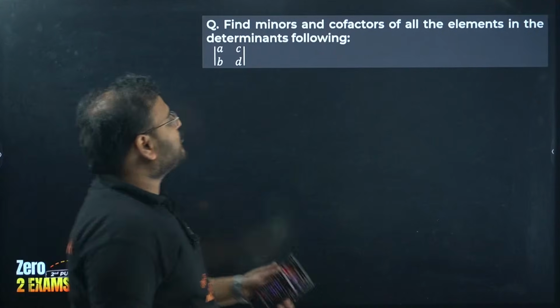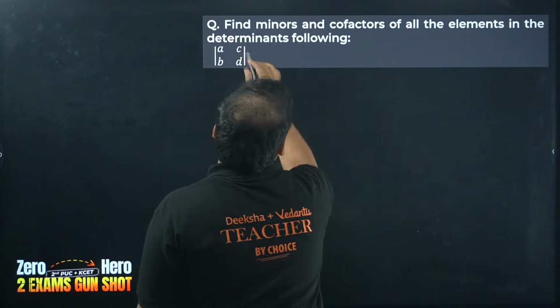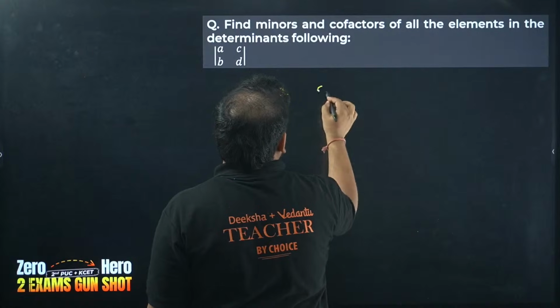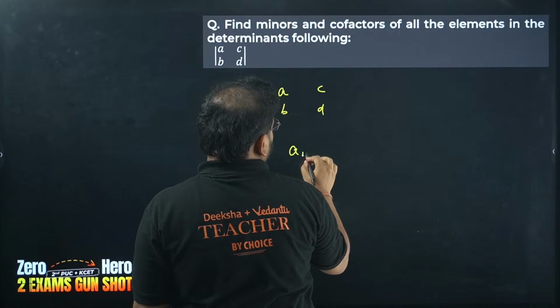Find the minors and cofactors of all the elements in the following determinant. Okay, we can do that. In this case we have a simple one: a, c, b, d. So what is A11?